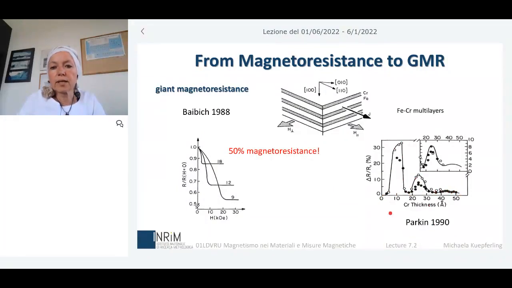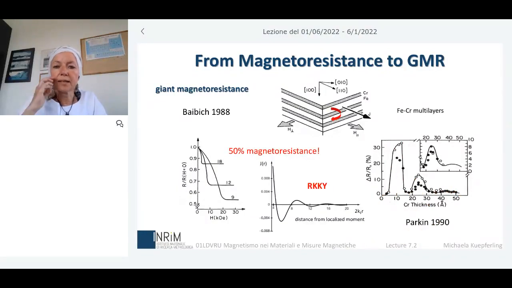And this, of course, stimulated the researchers to think about an oscillating exchange interaction, as we found in the RKKY exchange interaction. So if you remember this RKKY exchange interaction, it tells you that we have an exchange that is oscillating from ferromagnetic to antiferromagnetic with the distance between the two localized magnetic moments.